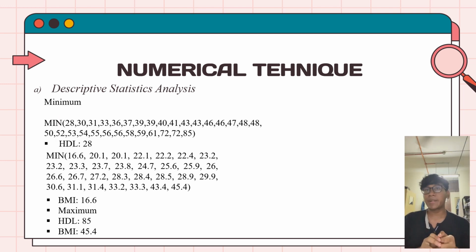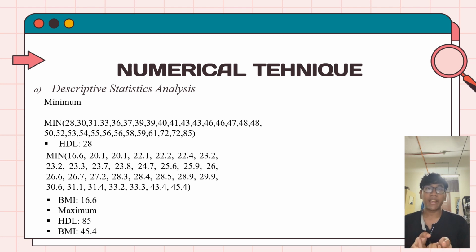To identify the minimum and maximum value within the dataset, the minimum and maximum functions are applied. For HDL, the minimum value is found to be 28, while for BMI it is 16.6. This figure represents the lowest observed level of HDL and BMI, respectively, within the dataset.